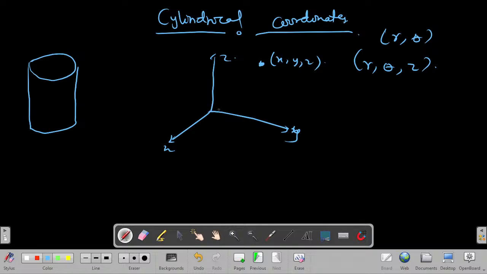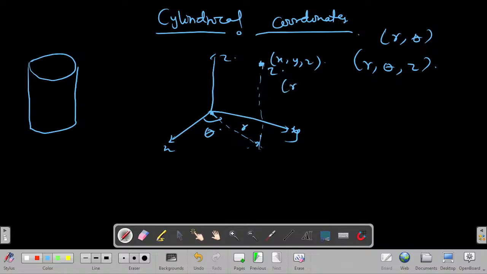Therefore, my point here in space, I can simply reproduce it on my xy plane like this. When I locate it here, I'm just projecting. Realize that the angle from x to our point here is our theta. The distance from here to here is our r. Then this is our z point.